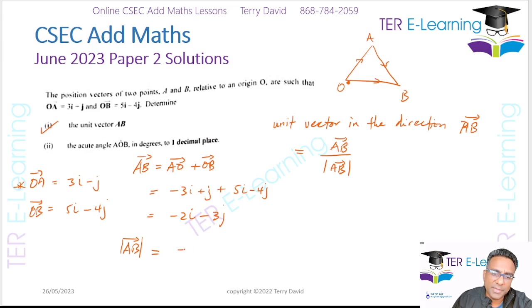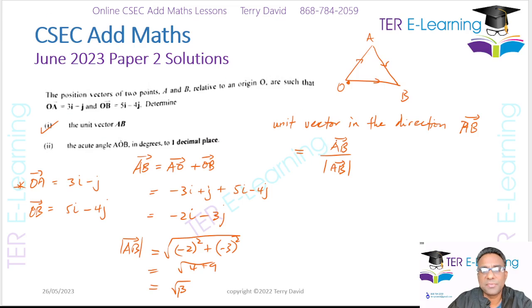So this is going to be the square root of minus 2 squared plus minus 3 squared. 2 twos are 4 plus 9, so that's the square root of 13. I'll leave my answer in that format. So the answer here is minus 2i minus 3j all over root 13.